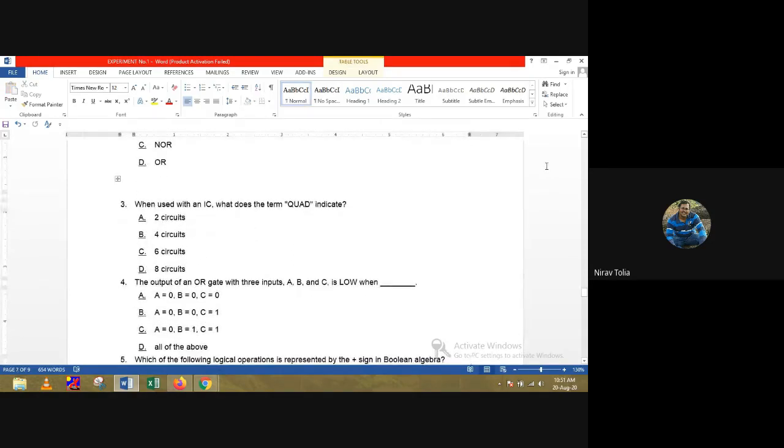When used with an IC, what does the term quad indicate? Either it is 2 circuit, 4 circuit, 6 circuit, or 8 circuit.